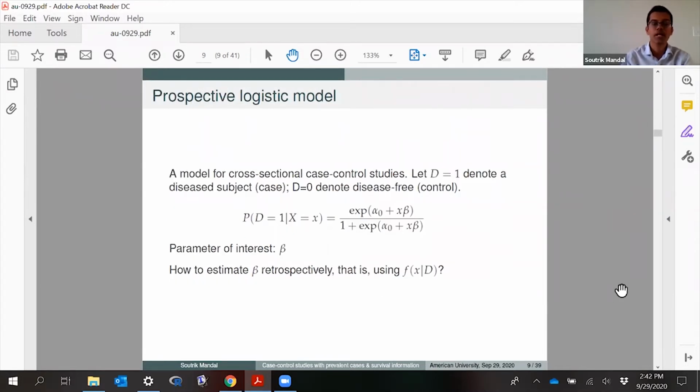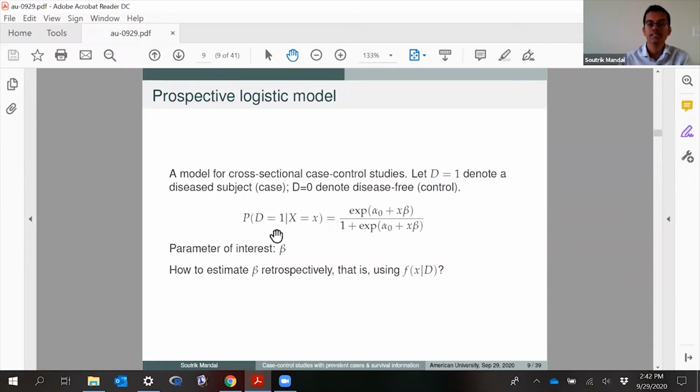So I'll start the methodology with a model for cross-sectional case control study. Let D equal to 1 denote a diseased subject, that is a case, and D equal to 0 is disease free, so that's a control. And this is our prospective logistic model.